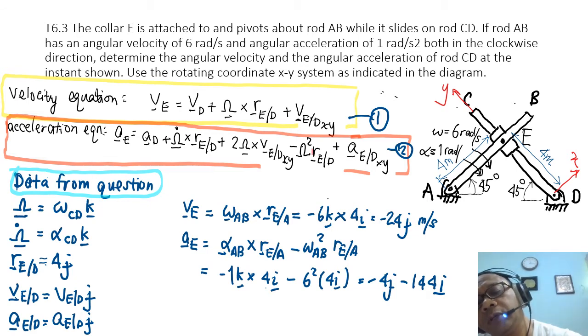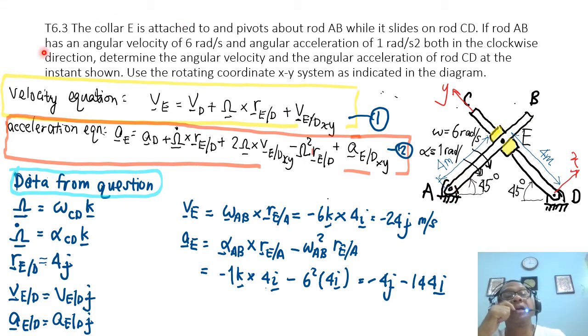The collar E is attached to and pivots about a rod AB. So you pin the collar E to the rod AB while it slides on rod CD. So E is free to slide along CD, but is pinned and pivoted about rod AB.